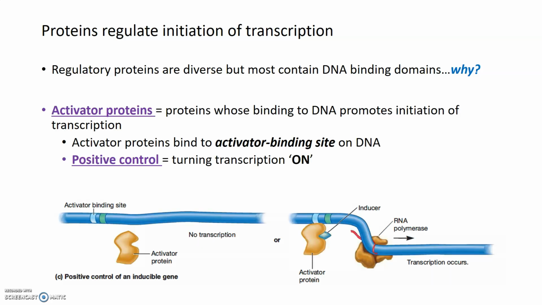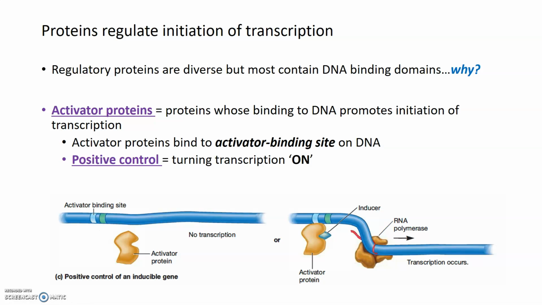One of these proteins that regulates the start of transcription are known as activator proteins. These are proteins that can bind the DNA at specific sites and promote initiation, or the start, of transcription. They bind to a specific region in the promoter, which you can see in light blue, known as the activator binding site.